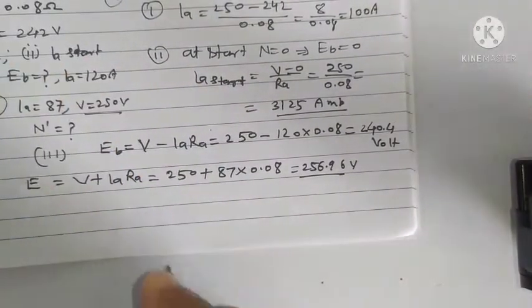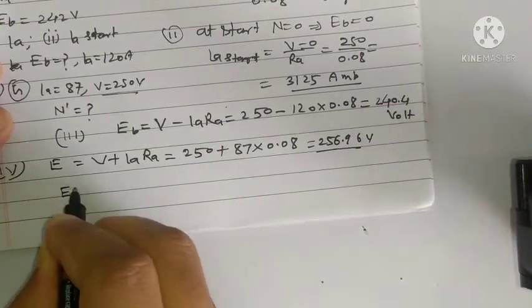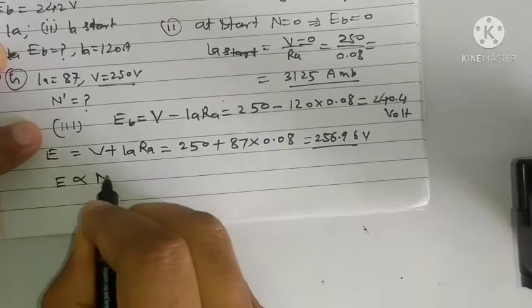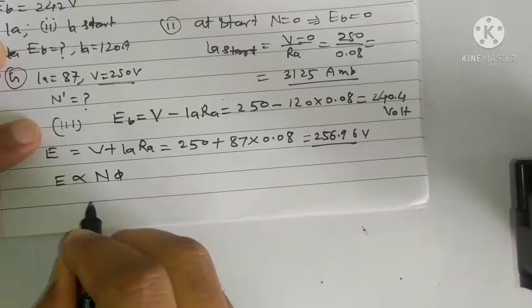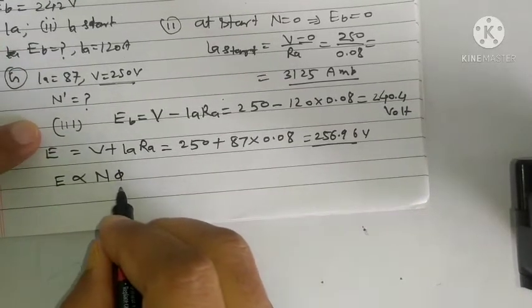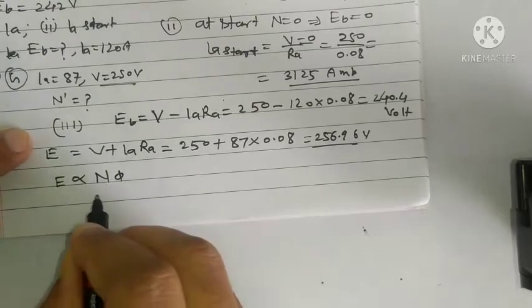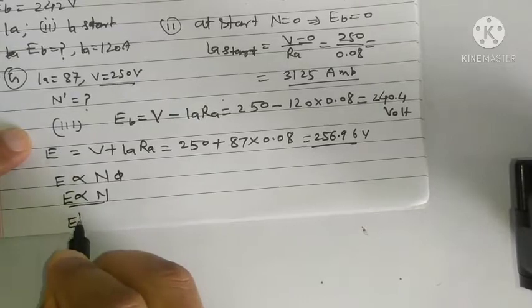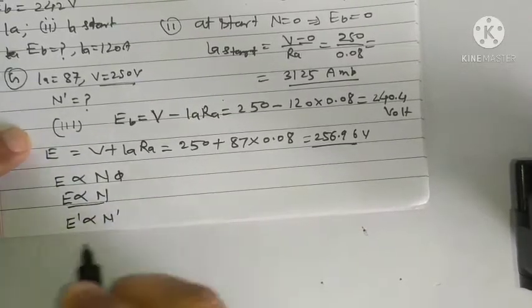Now they are asking the speed. So we know in a shunt machine, E is directly proportional to N phi, and since phi is constant, I can write E is directly proportional to N, therefore E dash is directly proportional to N dash.